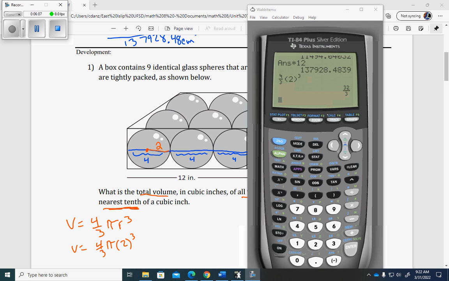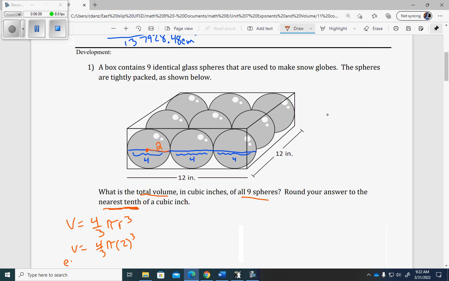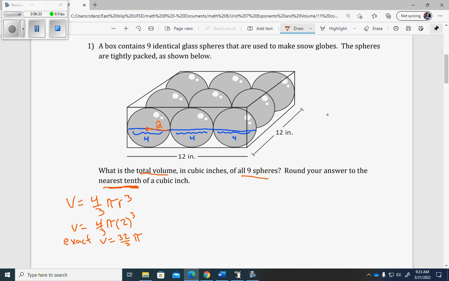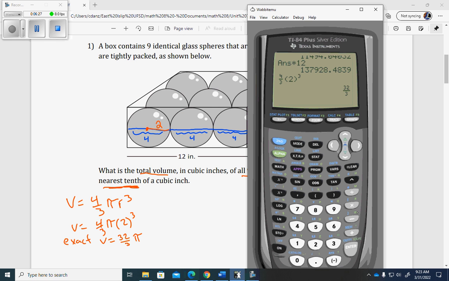So my exact answer would be 32/3 pi. Remember, an exact answer has a pi in our answer. If I want a rounded answer, on my calculator I'm going to take that answer and just hit multiply by pi.